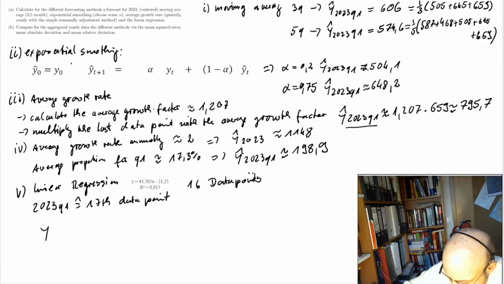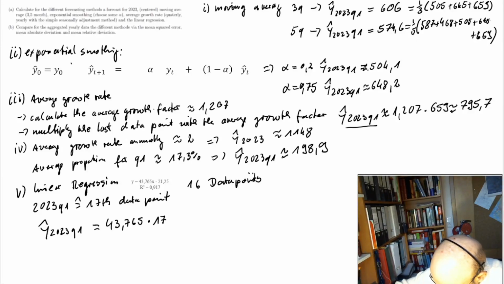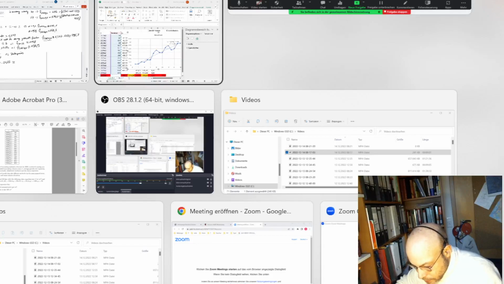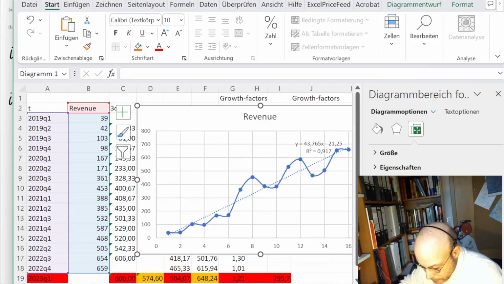So our forecast y hat 2023 Q1 would be then 43.75 times 17 minus 21.25, and this I have to do by hand.